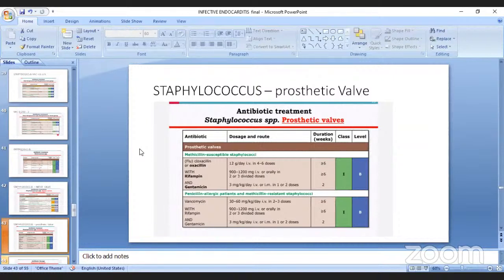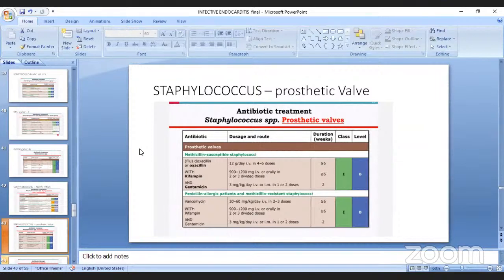This is the treatment of choice in the US, in the UK, everywhere. For methicillin susceptible Staphylococci, you need to give flucloxacillin with rifampicin at a dose of 900 to 1200 milligrams IV or orally in 2 to 3 divided doses for more than 6 weeks, and gentamicin 3 mg per kg per day IV or IM in 1 to 2 divided doses only for 2 weeks.